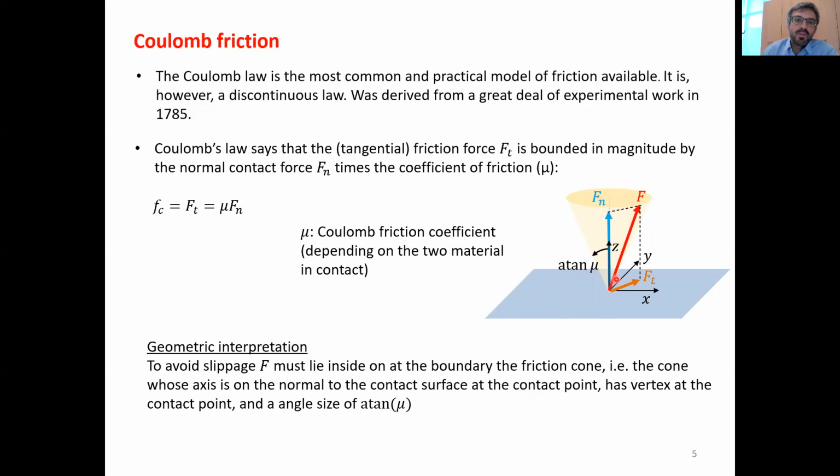So the bigger the friction coefficient, the bigger the cone. The smaller the friction coefficient, like on ice, the smaller the cone. The vertex of the cone is at the contact point, and the size of the cone is the arc tangent of the friction coefficient. Everything is clear?